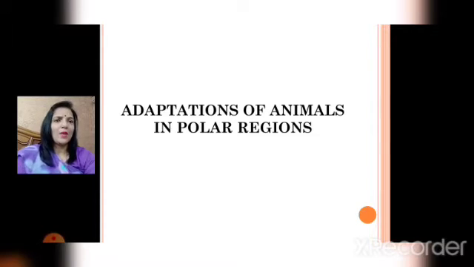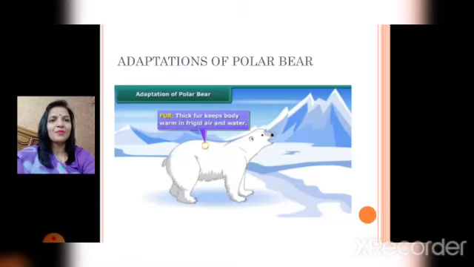Let's know about adaptations of animals in polar regions. Let's know about the polar bear first of all. Polar bear has thick fur which keeps the body warm in frigid air and water.